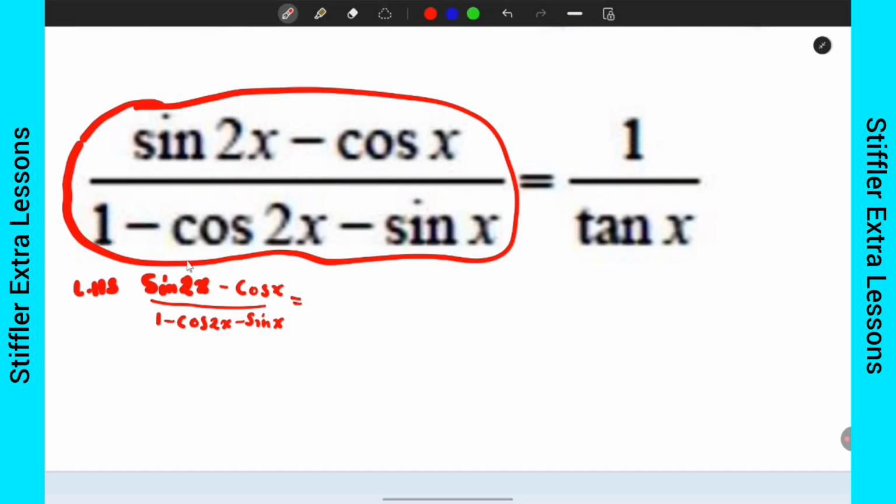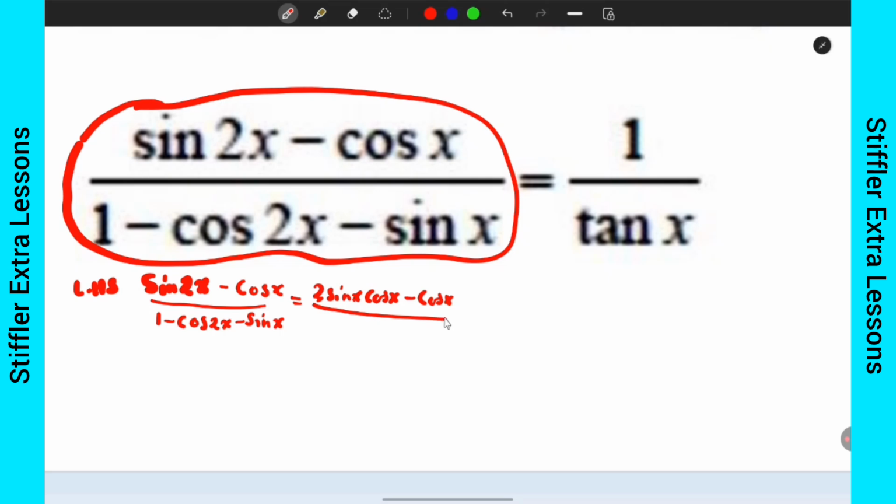Let's try to change the 2x's, because we want our answer to be in x, not in 2x. So what is the value of sine 2x? The value of sine 2x is equivalent to 2 sine x cos x, and then subtracting cos x.